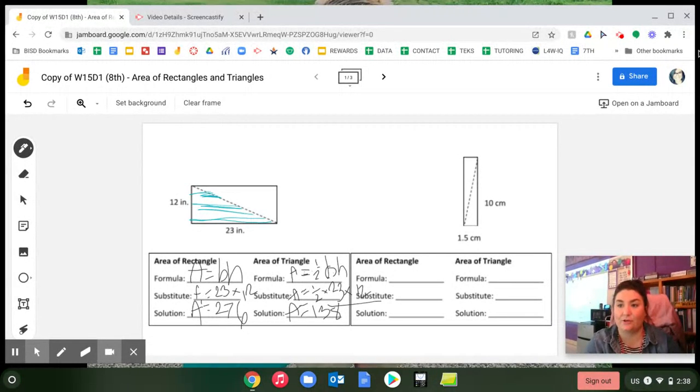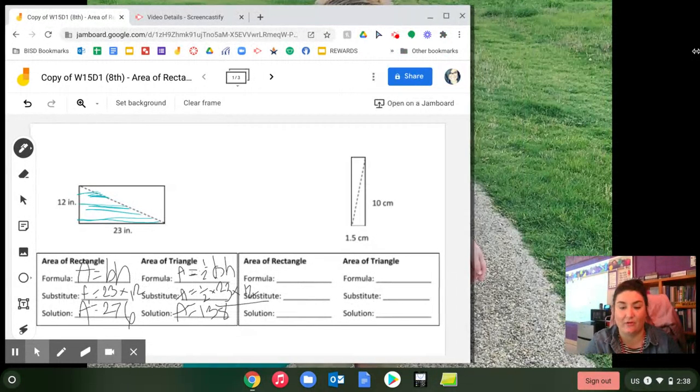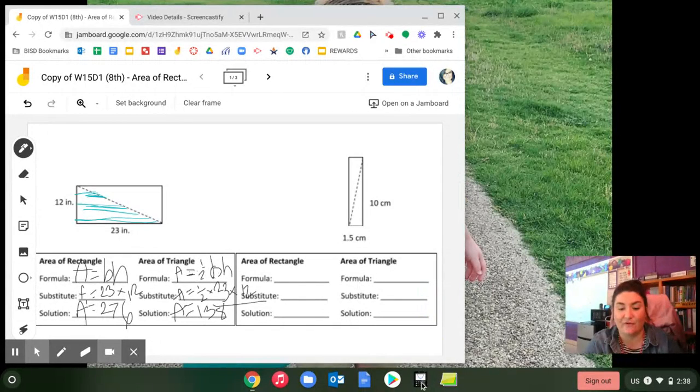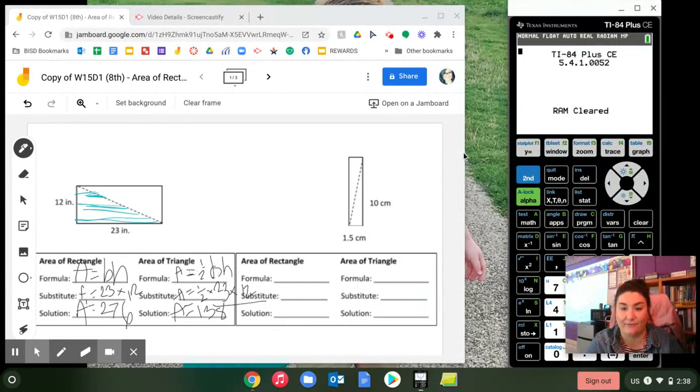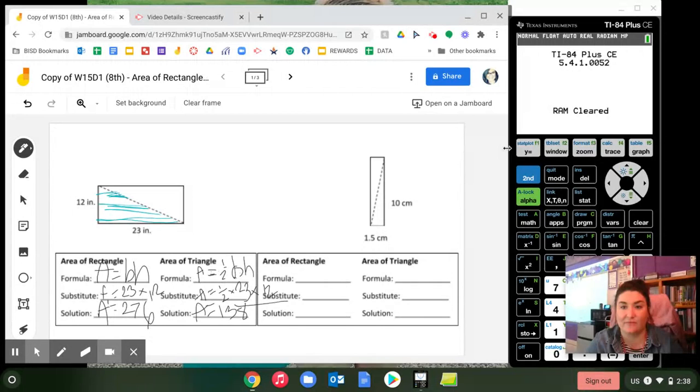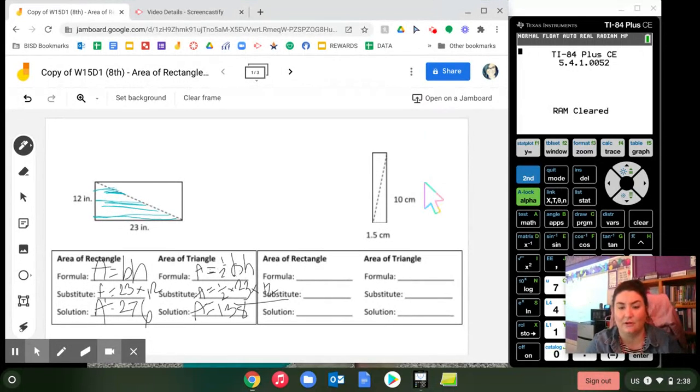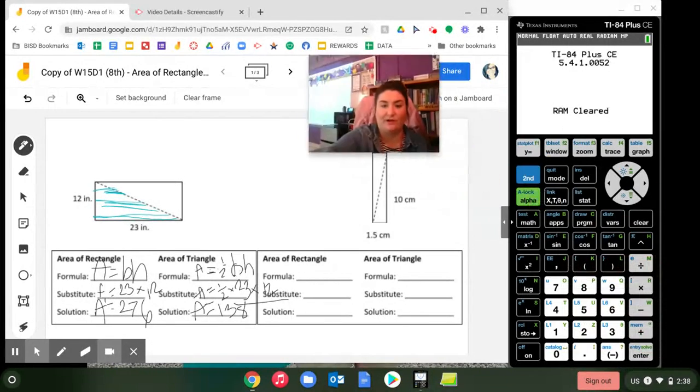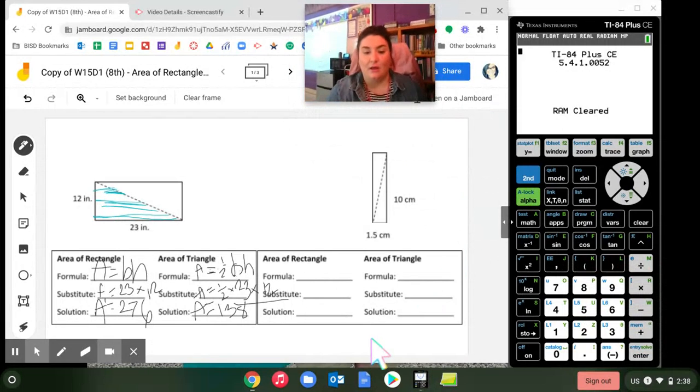So now that I've worked through that problem, let me pull up the calculator and show you the different ways that you can put in 1/2. That's one of the most common questions I get: how do I put 1/2 in the calculator when I'm solving these formulas? Okay, so we're going to start with formulas.